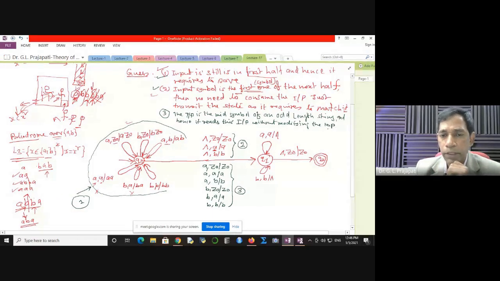So it reads this input without modifying the top and transits to the next state.